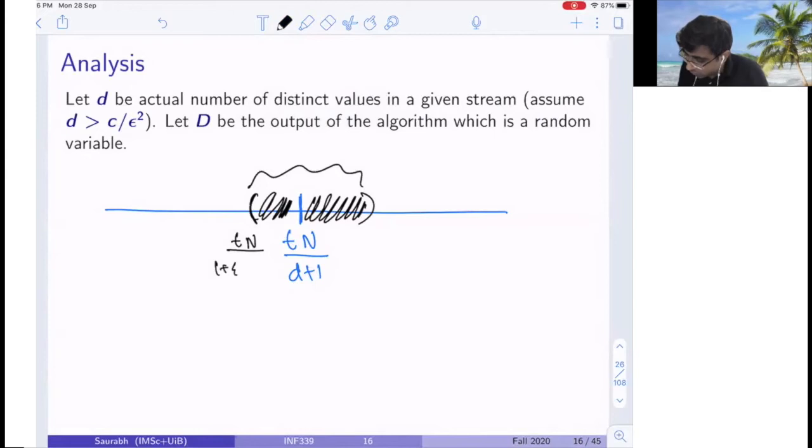So 1 plus epsilon times say D plus 1. Okay, so for purposes of cleanliness, for understanding, let's just forget plus 1. It will not affect us anyway. Okay, right? This is something smaller quantity, and this is like Tn, say 1 plus epsilon D.